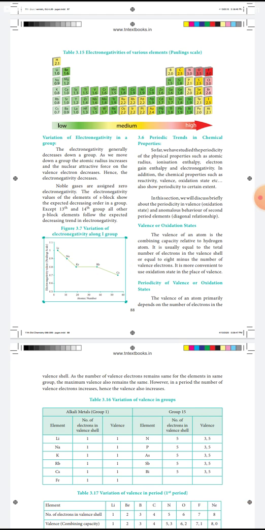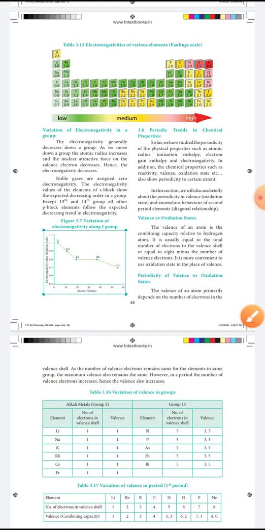Next, let us learn periodic trends in chemical properties. Some of the physical properties are atomic radius, ionization enthalpy, electron gain enthalpy and electronegativity.